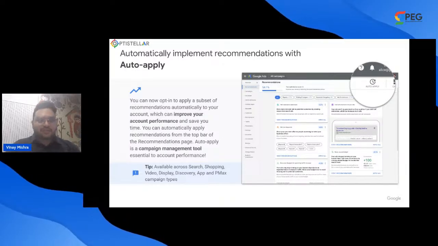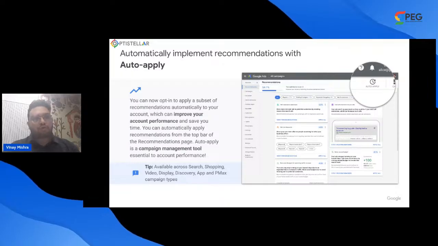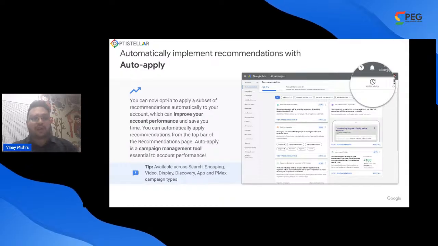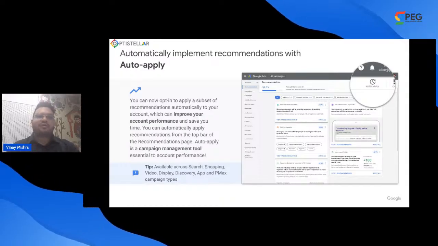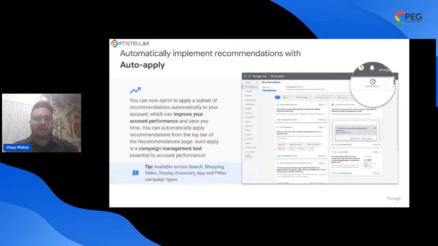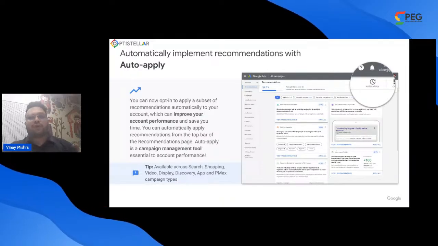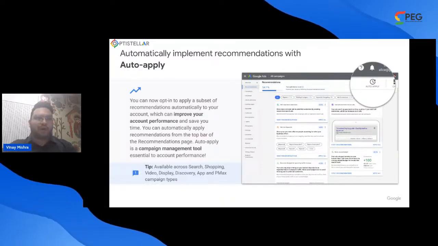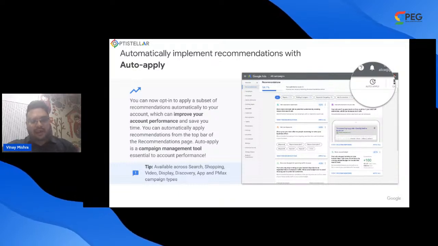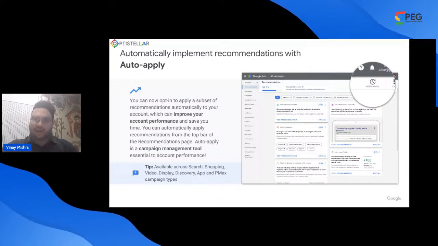In this case, going through all those 120 plus recommendations is a hard fist. And at the same time, if you have multiple accounts that you're managing, it takes a lot of human hours and manual effort to go through the 120 plus recommendations on multiple accounts, see what's best fitting and apply those recommendations, right?